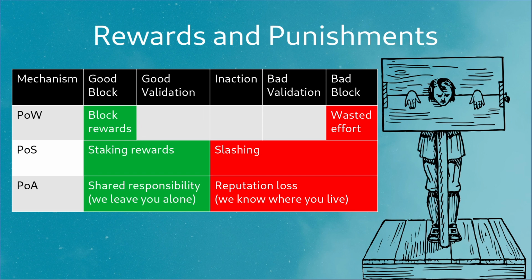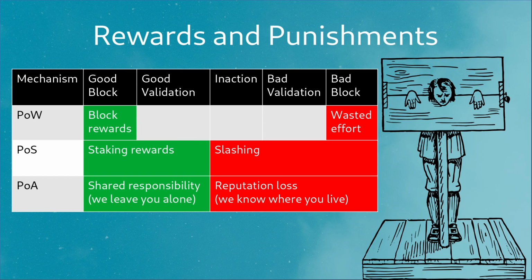And if you are inactive, so if you do not add a block when you're expected to, or if you do not validate a block when you're expected to, you're also punished. In proof of stake, the punishment is called slashing, and this consists of you losing some money, and you may also be kicked out of the network.